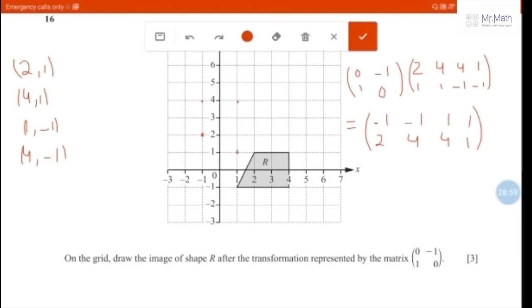So this is it. So now I can connect the points. So this is my first point. So this is the shape of the image of the original shape R.